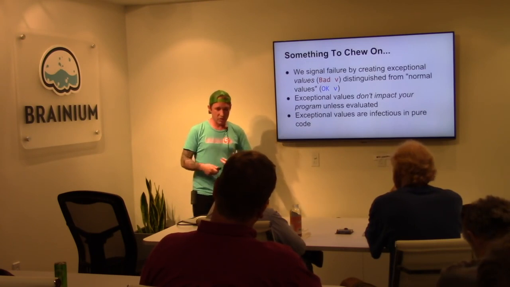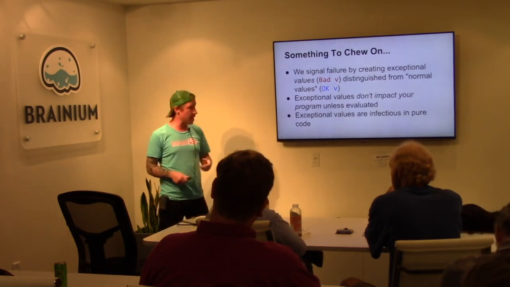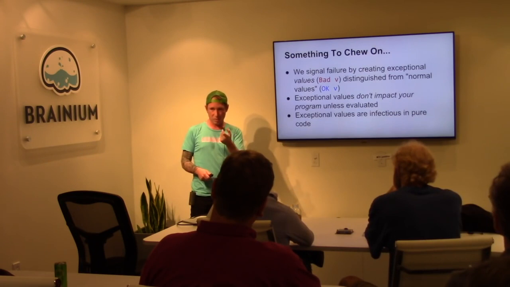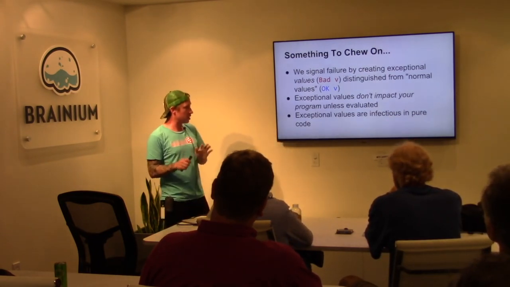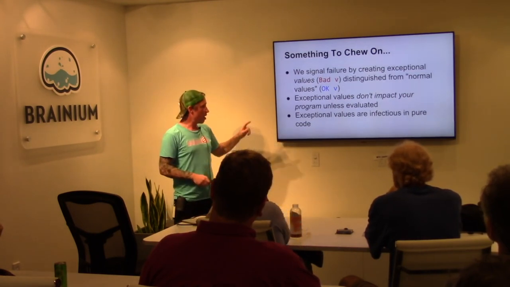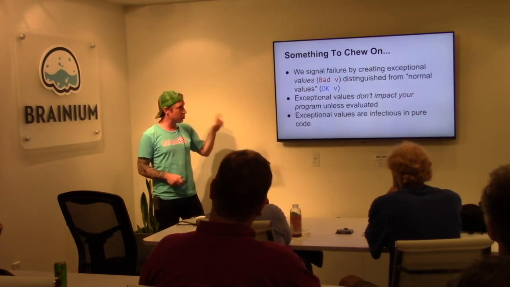So you can think about this as like there are bugs all over your program today, but unless you hit that path, it doesn't actually matter. And Haskell takes it a step further. Unless you actually evaluate the expression down to the point in which you're going to hit this exceptional value, it's not going to impact things. The other thing to think about is that exceptional values are infectious in pure code, and I'll show you.